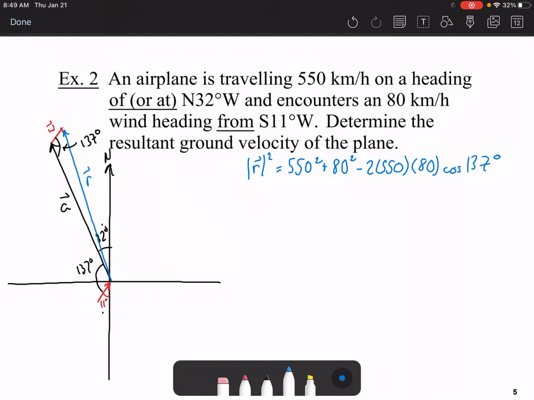Okay. So using my calculator, I get this as about 610.9 kilometers per hour.